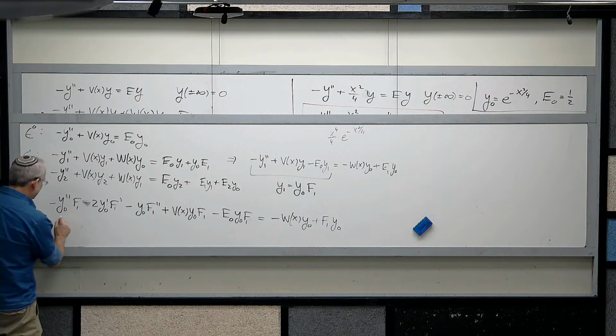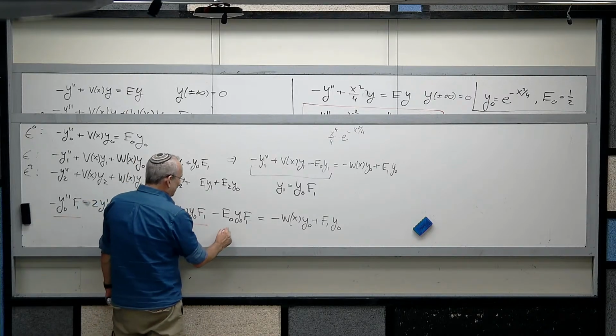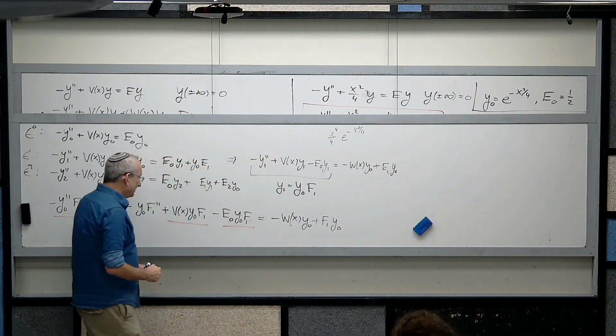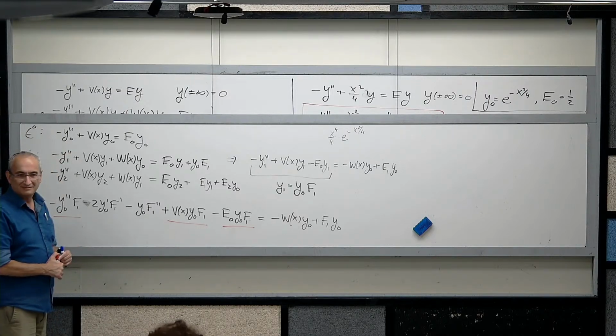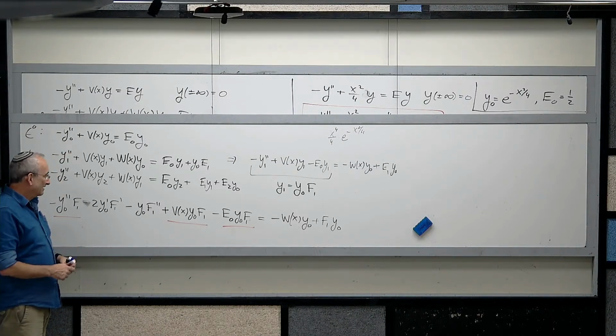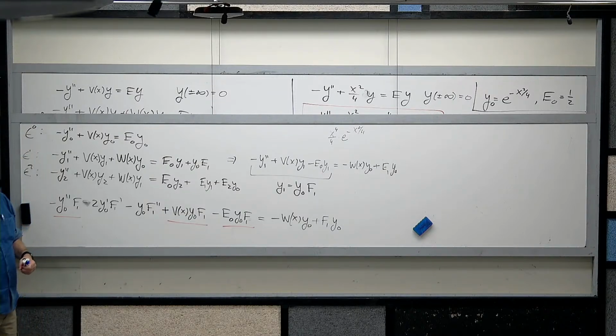Notice that this term plus this term plus this term is simply f1 times the homogeneous part, which is equal to 0. Everything with f1 itself is cancelled because the homogeneous part is equal to 0. Here I have f1 prime and f1 double prime. We've seen it in the homework.